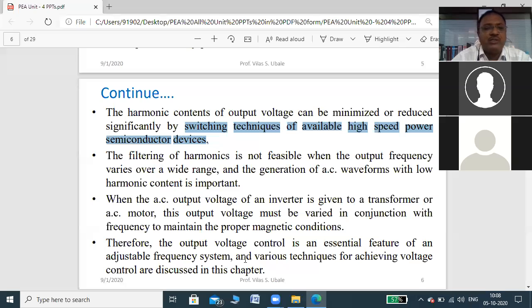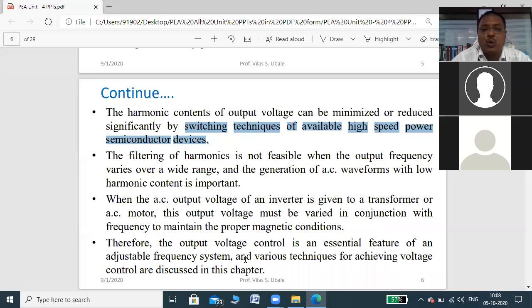So when the output frequency varies over a wide range, the generation of an AC waveform with low harmonic content is important. When the AC output voltage of an inverter is given to a transformer or AC motor, this output voltage must be varied in conjunction with the frequency to maintain the proper magnetic condition.